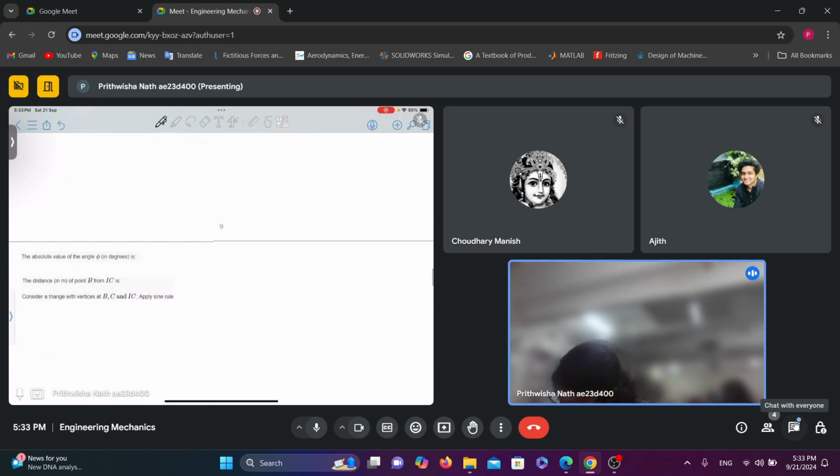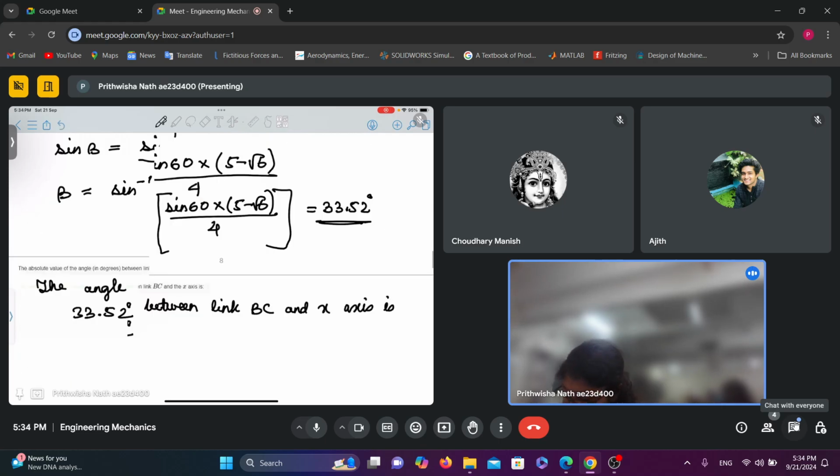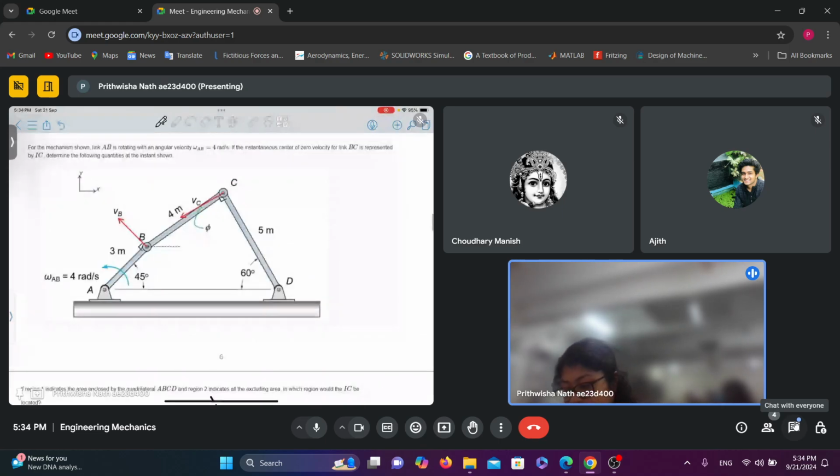So the next problem, the absolute value of phi, so you need to find this angle phi. This angle phi you need to find. So can you try finding out phi?